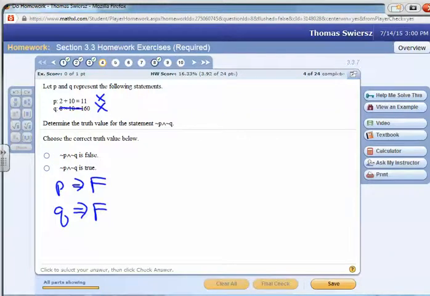Now, negation of P and negation of Q. So we do negation of false, and negation of another false statement. Negation always changes false to true and true to false. So negation of false is true. Negation of this false is true.